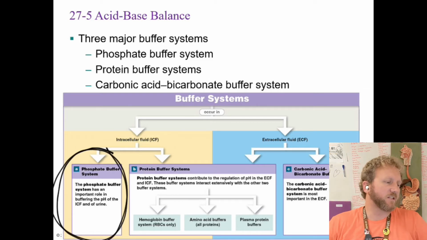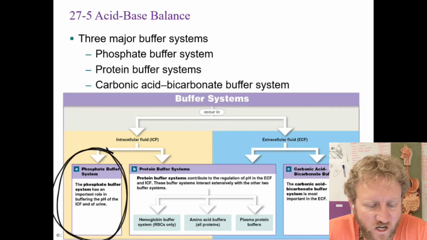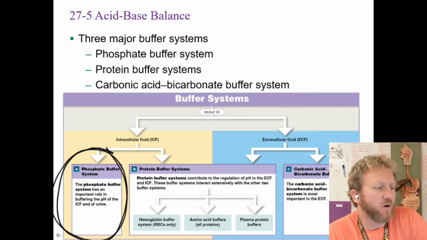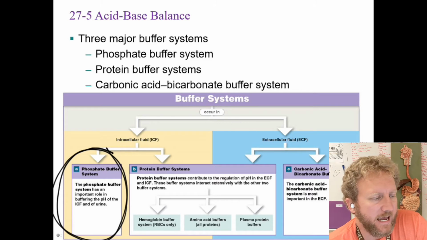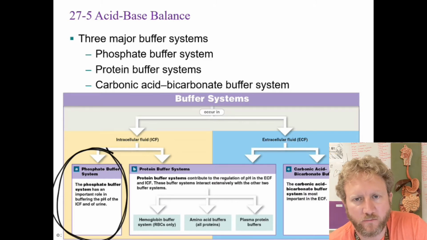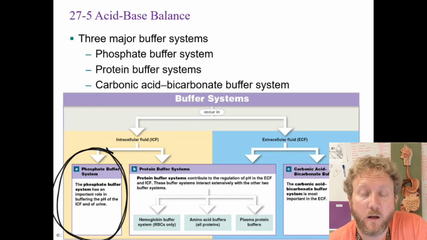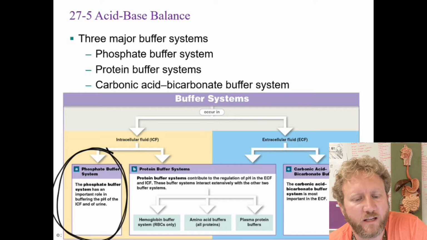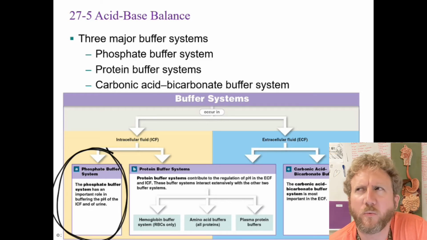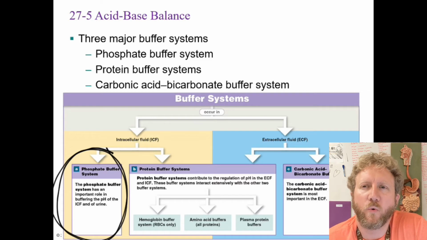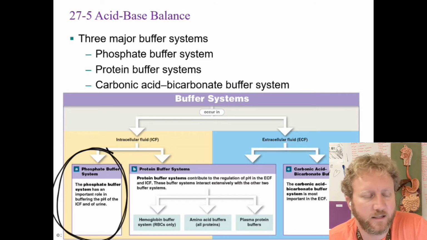The phosphate buffer system consists of phosphoric acid, which is H2PO4 minus, and HPO4 2 minus. You don't really have to know the chemistry parts of that. And this is important for buffering the pH of the ICF and the urine. Remember the electrolyte breakdown, one of the major ions in the ICF is phosphate.